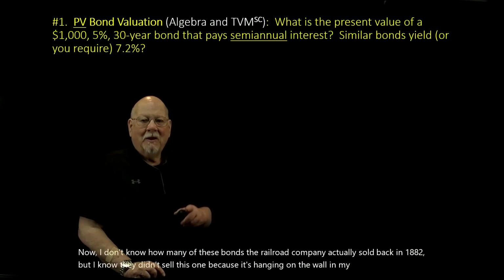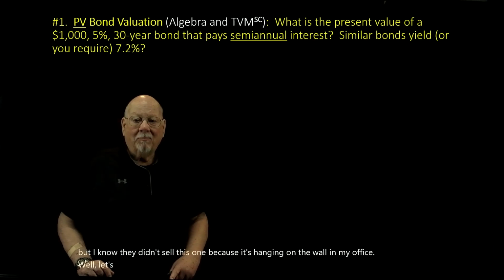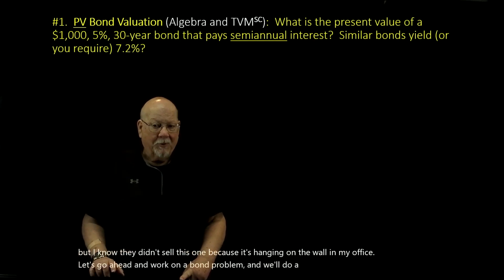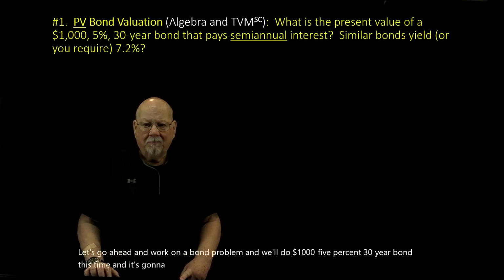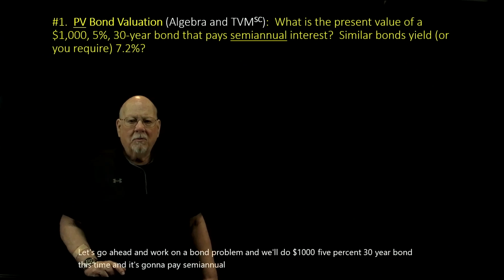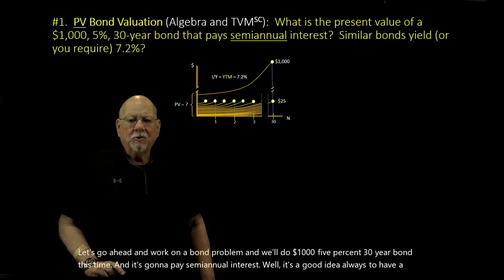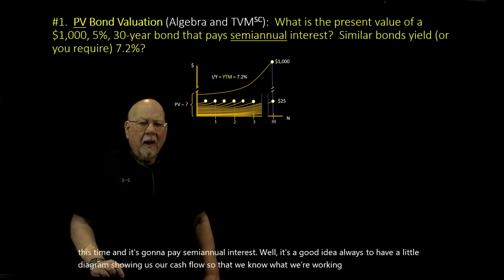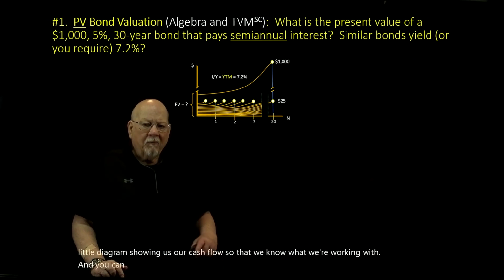Well, let's go ahead and work on a bond problem. And we'll do a $1,000 5% 30-year bond this time, and it's going to pay semi-annual interest. Well, it's a good idea always to have a little diagram showing us our cash flows so that we know what we're working with. And you can see that we have $25.